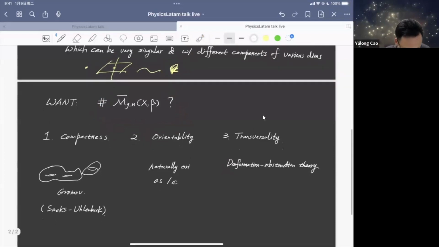In particular, in this case, the deformation space is H0 of the pullback of the tangent bundle of X. We have this map f. Remember, we have a map from a curve to our Calabi-Yau X. And this is the deformation space. And we have an obstruction space, which is H1 of the same bundle.